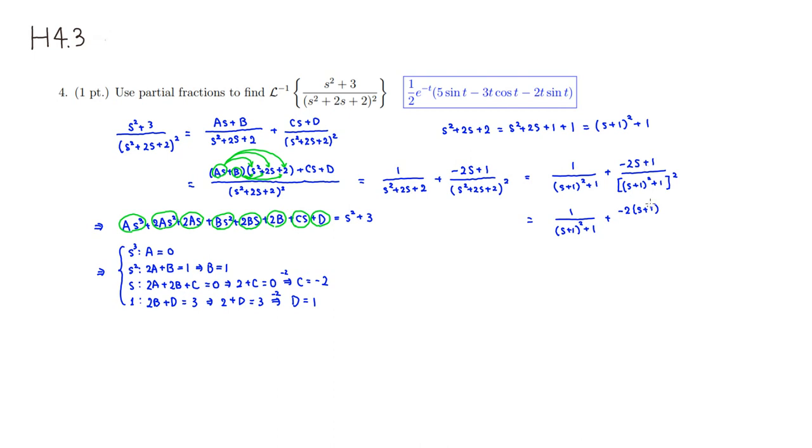If you do that, you have -2 times 1, so it's -2 instead of plus 1. So I need to add 3 to make sure that we get exactly the same thing, and then over ((s plus 1) squared plus 1) squared.